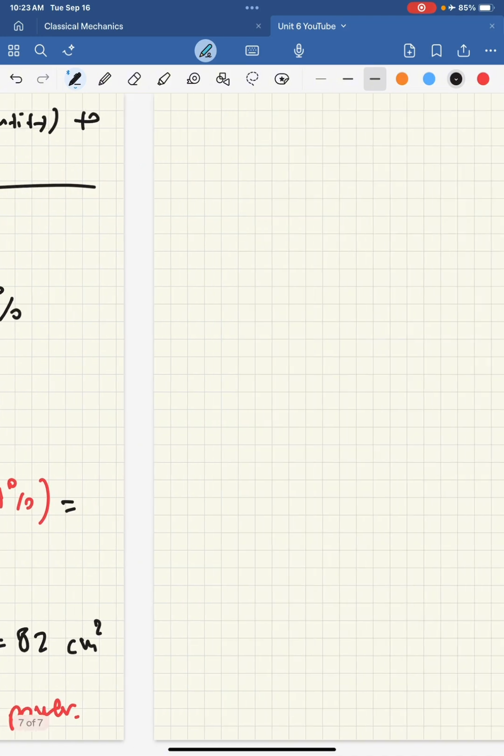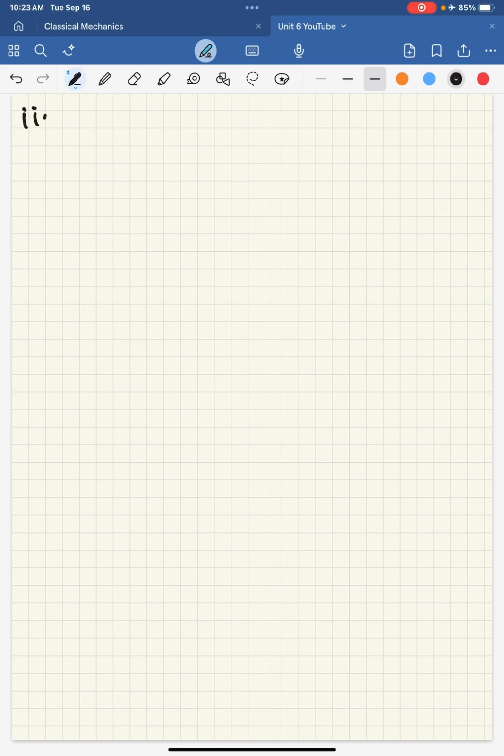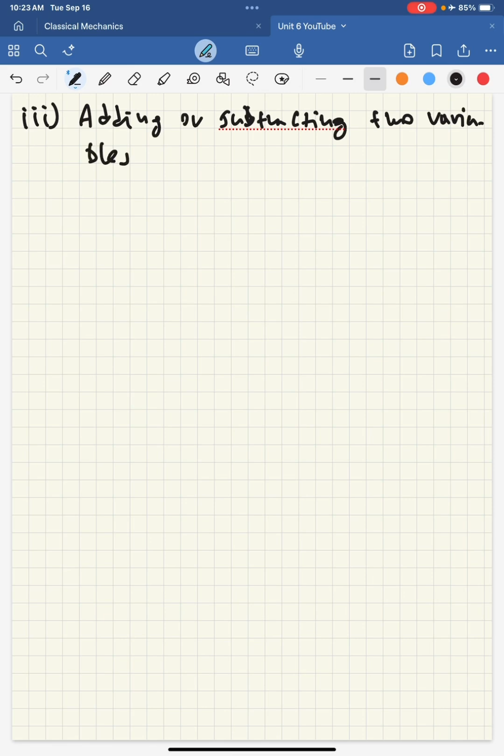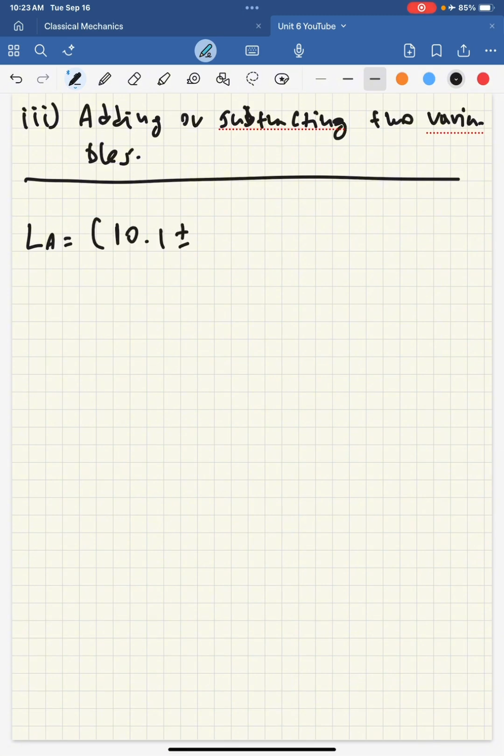Then the third case is adding or subtracting two variables. Let's say you have the first variable 10.1 plus or minus 0.1 centimeters, and the second one is 14.3 plus or minus 0.4 centimeters.